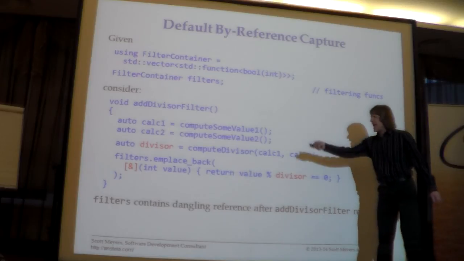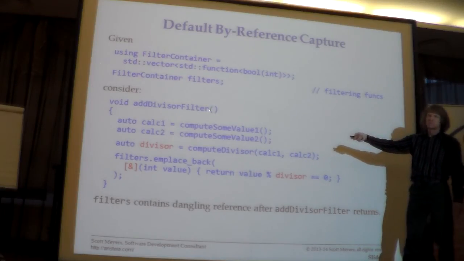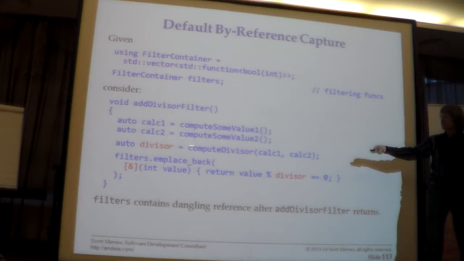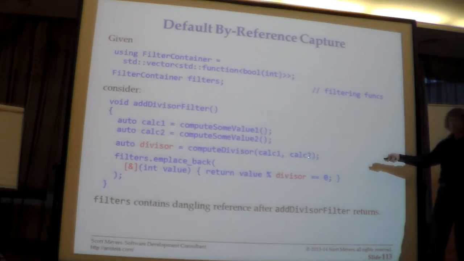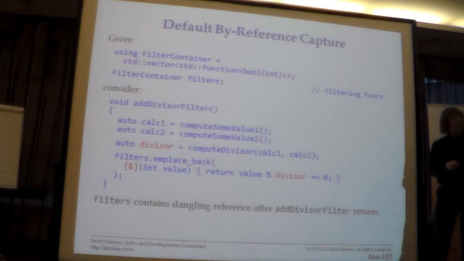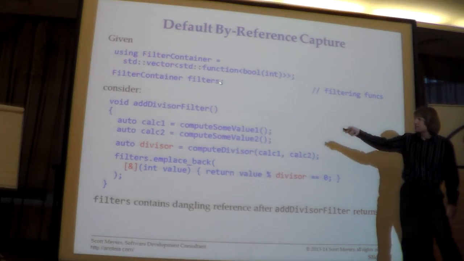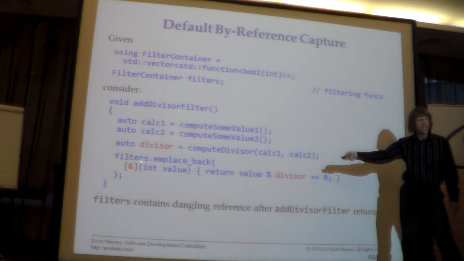So here is a function, addDivisorFilter. I compute some calculation number 1, I compute some calculation number 2. I then figure out what my divisor is. I call computeDivisor of calc1 and calc2. And now what I do is I add to the filters container, that's this one here.